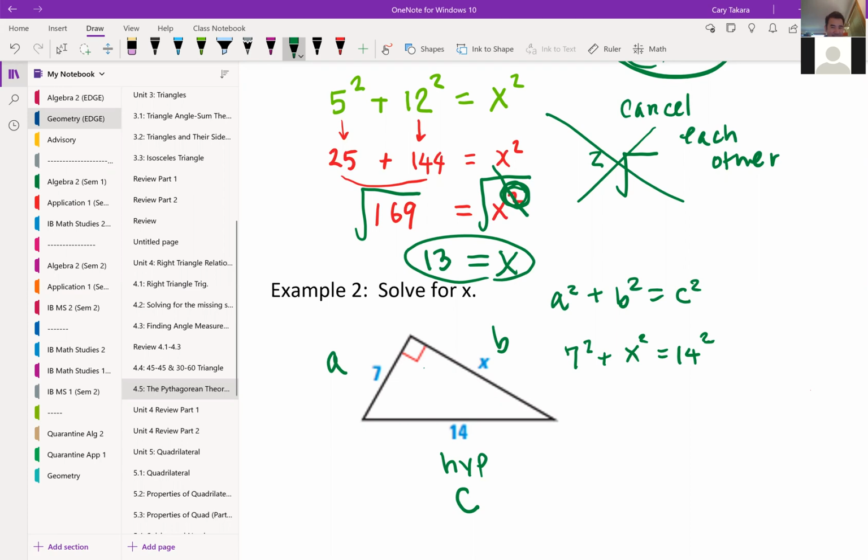Now let's evaluate numbers that we can. 7 squared, what's 7 squared? 7 times 7, 49. x squared is just x squared for now. How about 14 squared? Can somebody figure it out? I think it's 196.